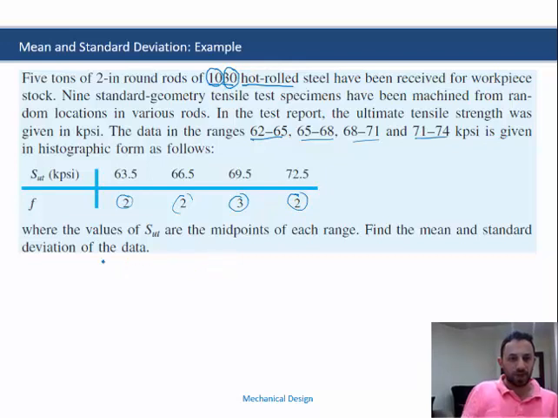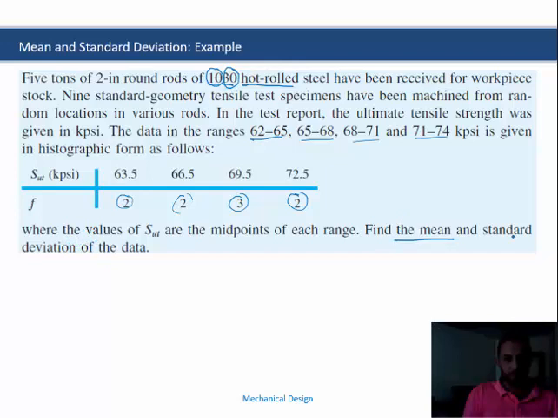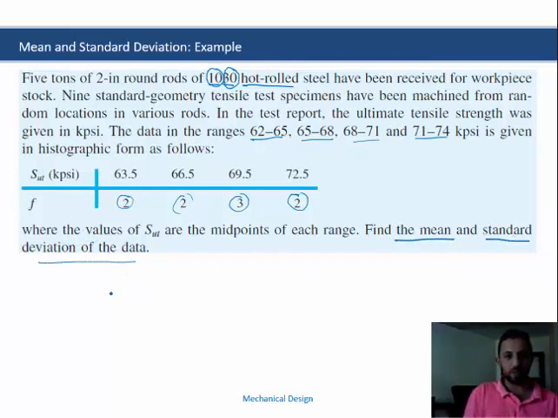Okay, you are asked to find the mean and the standard deviation of the data. The mean is equal to 1 over n, the total number, which is 9, the number of rods.